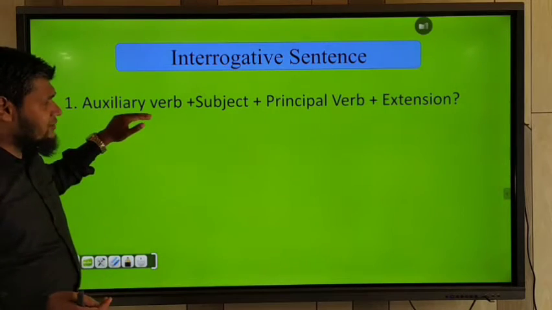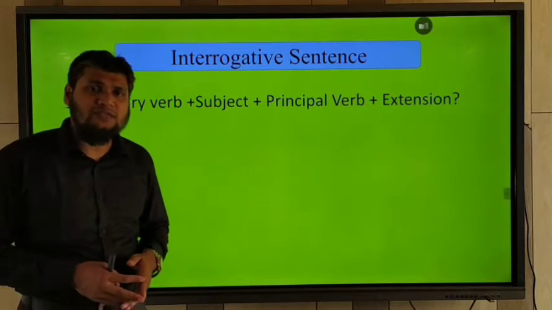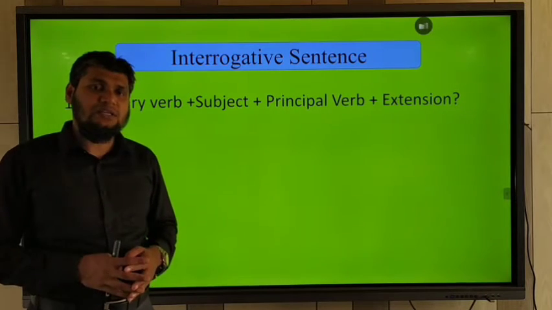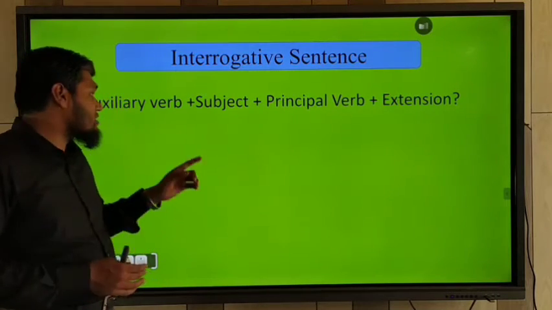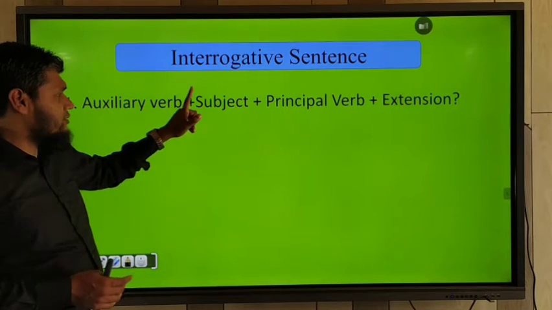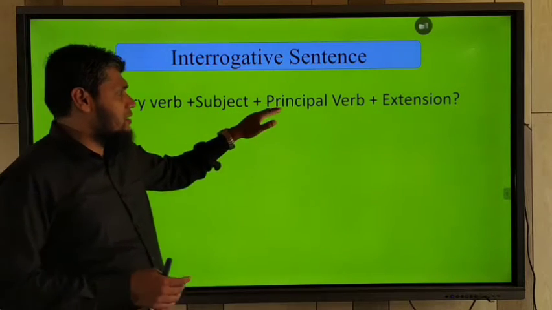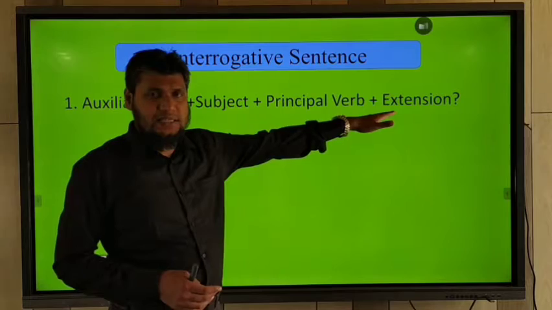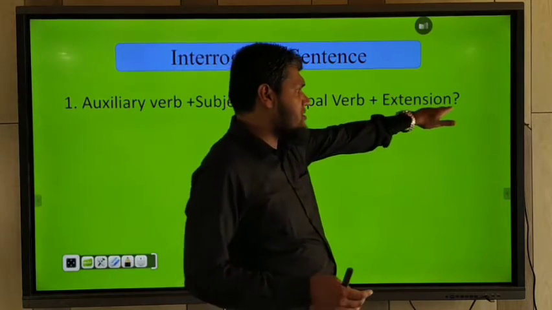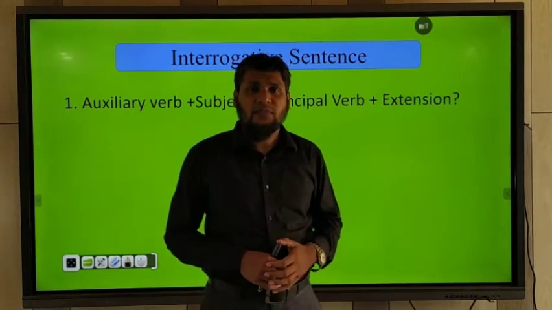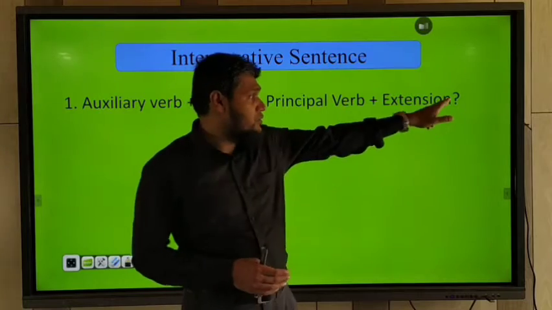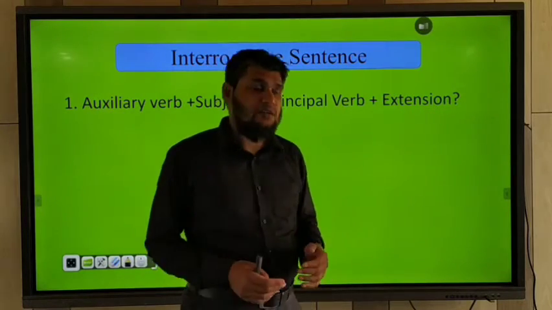The auxiliary verb is used according to the tense of the sentence. Then you should use the subject, then the principal verb and extension. At last, you must use the note of interrogation.